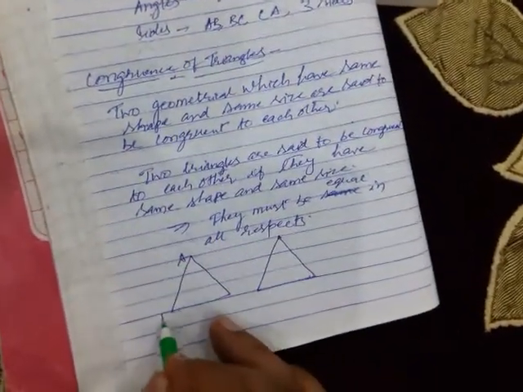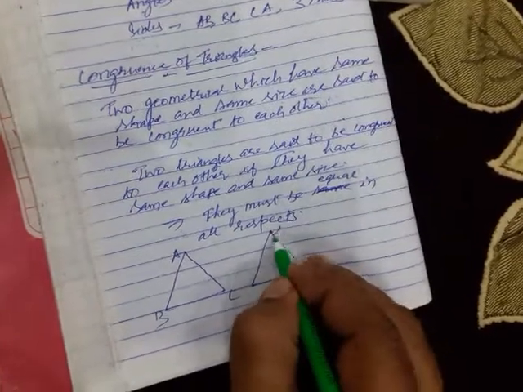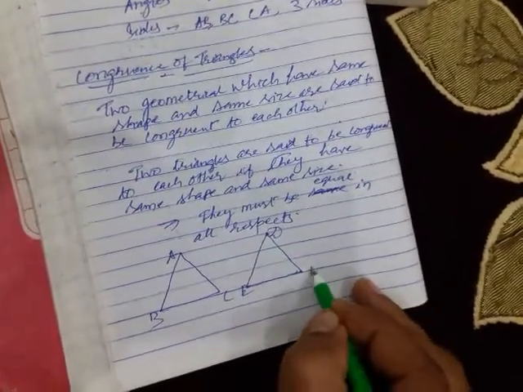Here triangle ABC and triangle DEF are two triangles.